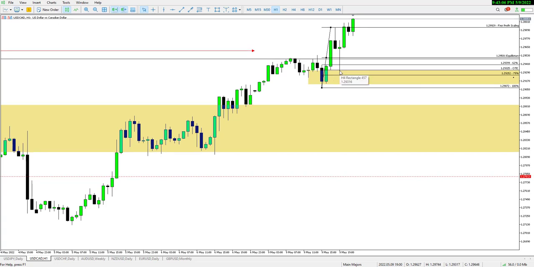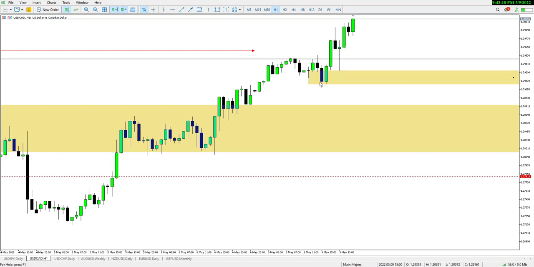Price trades back into optimum trade entry and rallies to the upside. The initial leg move higher was facilitated by negative news for the Canadian dollar that came out around, I think, 3:30 or something like that. There were negative news in regards to building permits from Canada, and that was the initial move to the upside.